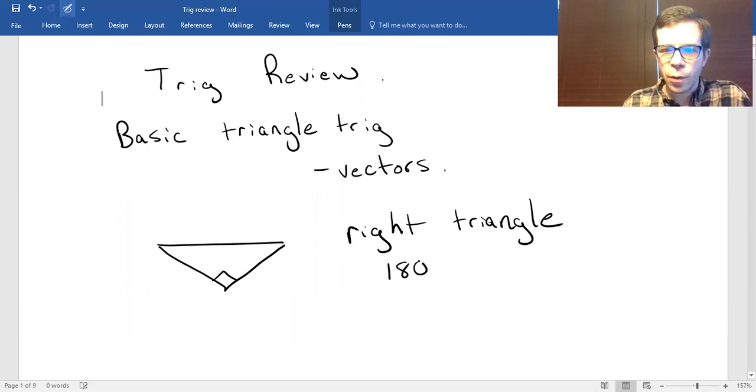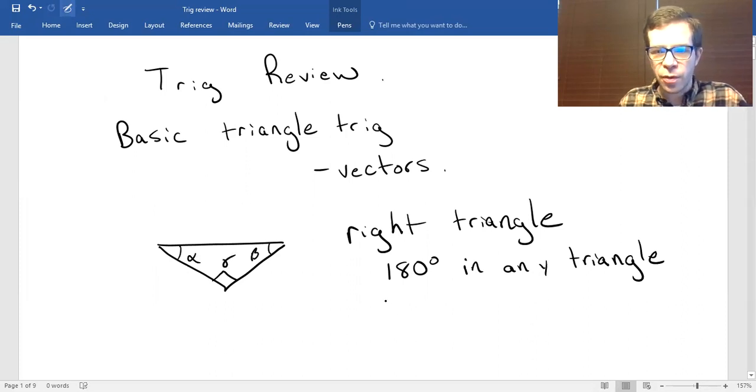We know that there are 180 degrees in any triangle, and that means the sum of the measure of all three angles of a triangle is 180 degrees.